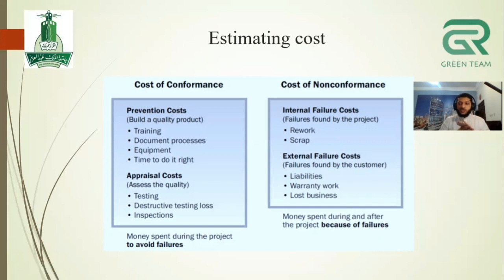So the conformance is when you apply the quality for the activity you have or the project you have. For example, if you have a tool or machine that requires a high skill to work on it, you need to train your employees to use this machine. So this goes to the conformance section. Also, if you have periodic maintenance for your machines or your tools, this goes to the conformance section.